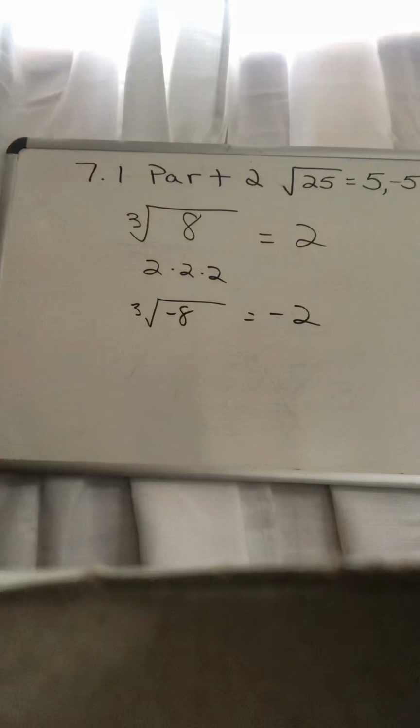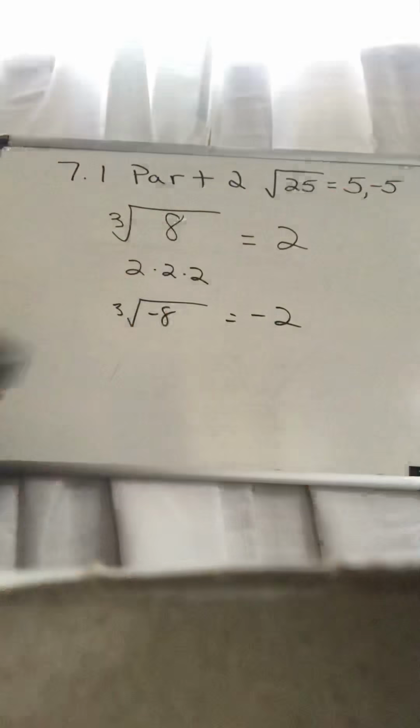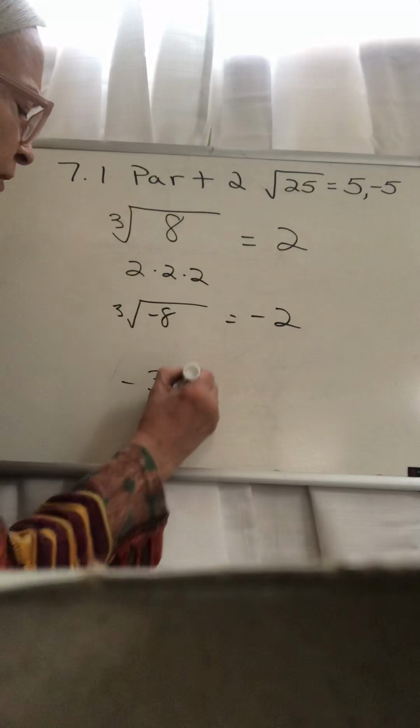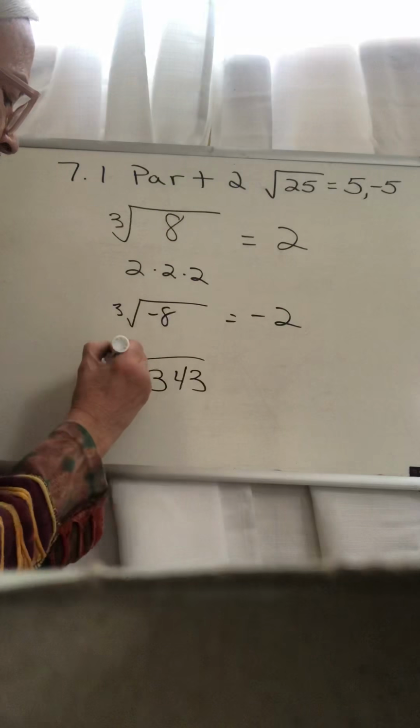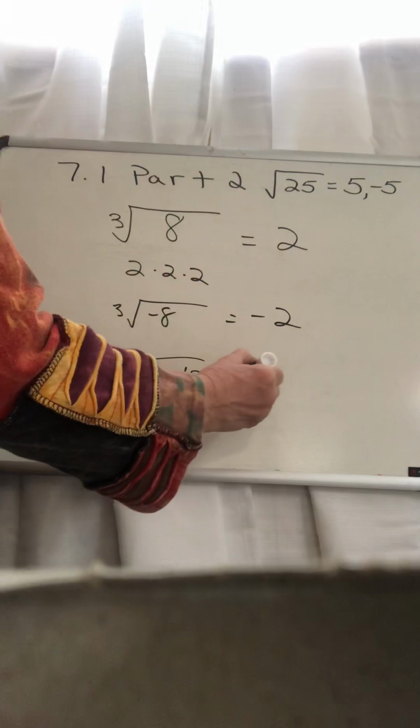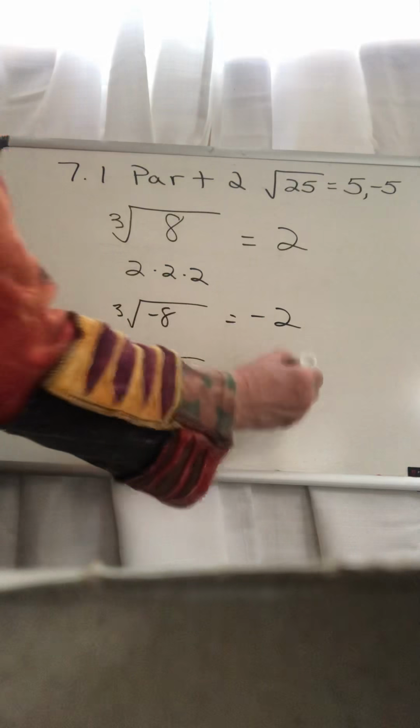We've got a cubed root, and we have 343. So we've got a negative 343 cubed root. See if you can find the answer to that without looking at your answer. And hopefully you found that it's equal to a negative 7.